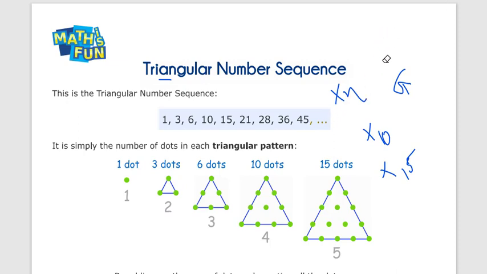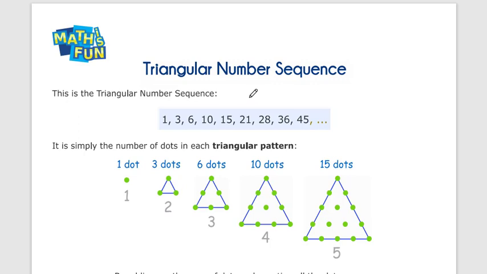Today we will also discuss how to find the sequence rule for different types of sequence. First we will start with the triangular number sequence, and then our next topic will be finding the rule of a sequence. Now we already know what the triangular number sequence is.